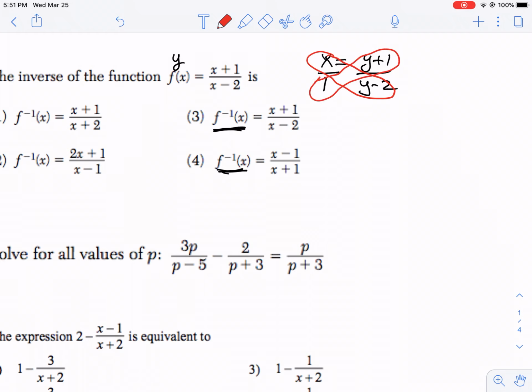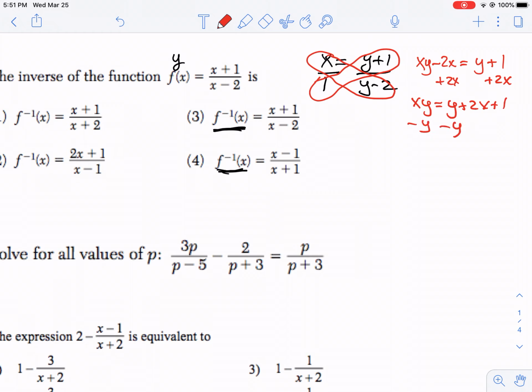So distribute the x, I'll get xy minus 2x, and distribute the 1, and I get y plus 1. I need to get the y's alone, and right now I got 1 on each side, so I'm going to move the 2x to the right, and then I'm going to move the y to the left.